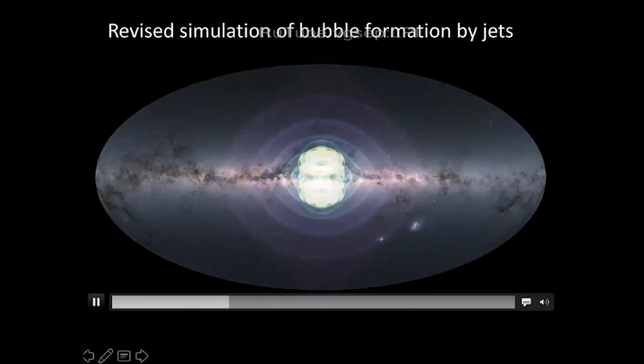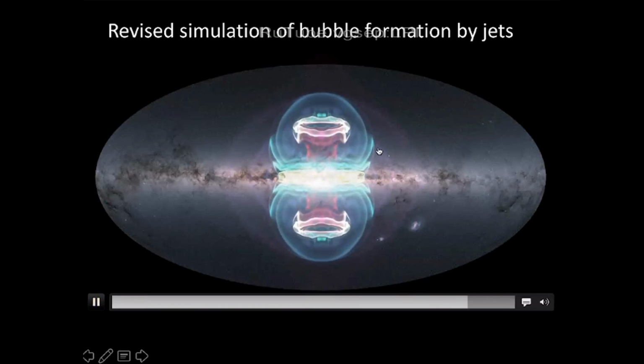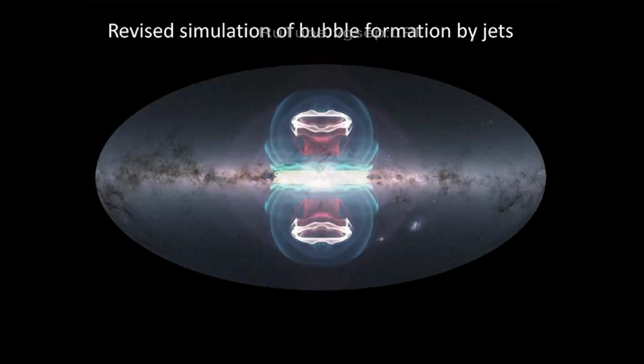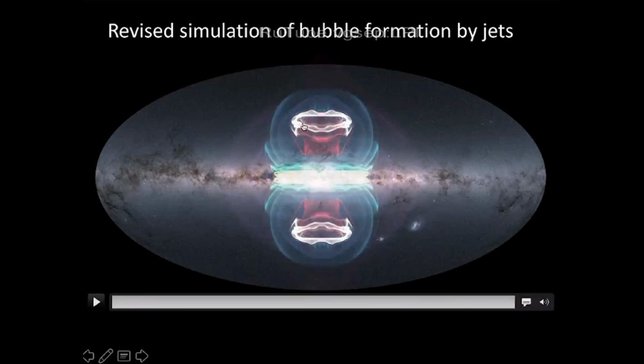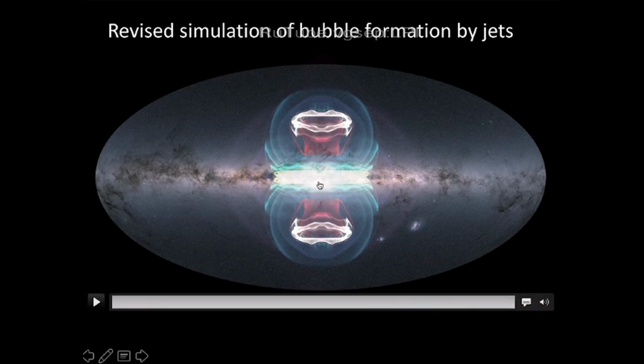What you can see here in color on the outskirts is the shock front that's propagating outward, expanding into the galactic halo, driven by the central AGN outburst. And the red color here shows you the cosmic ray distribution at the end of the simulation. In this kind of simulation, we assume that the cosmic rays are injected at the galactic center via AGN jets.